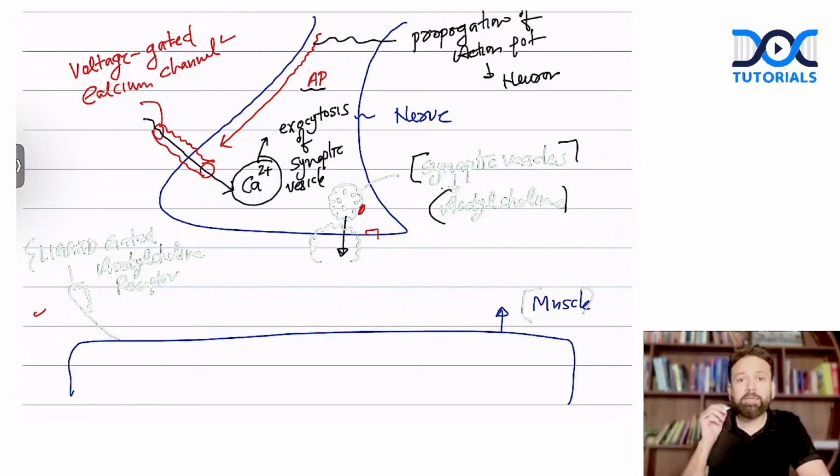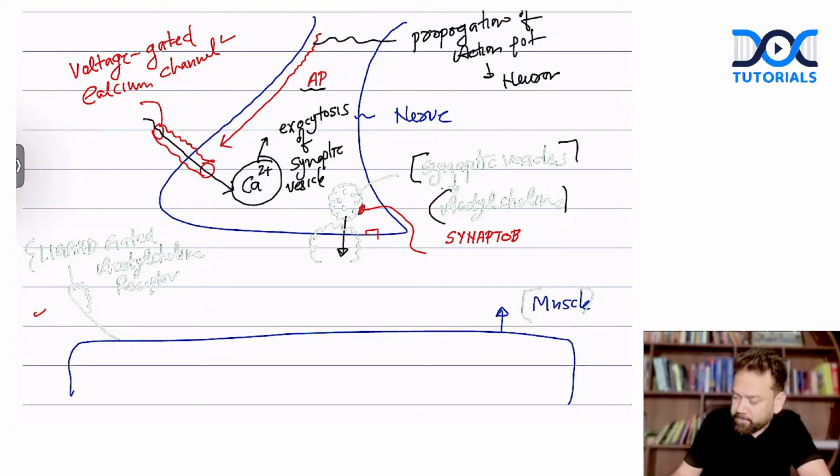The proteins present at the synaptic vesicle are called synaptobrevin, and the protein present at the nerve terminal is called syntaxin.